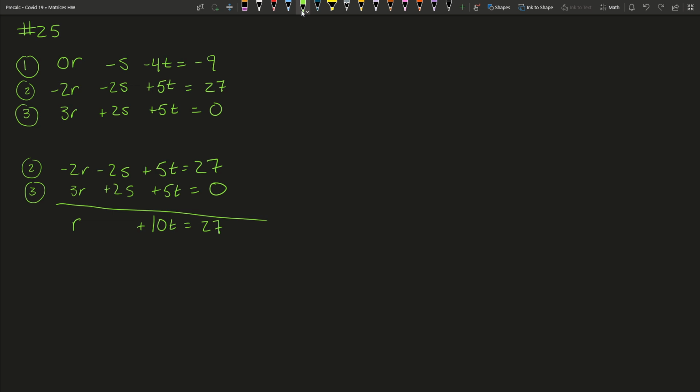So we took the second and third equation, we eliminated s, and now we have an equation of just two variables. I'm going to do the same thing for a different combination of equations. I'm going to pick this first one and this second one.